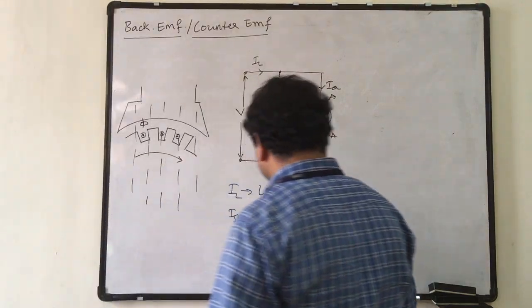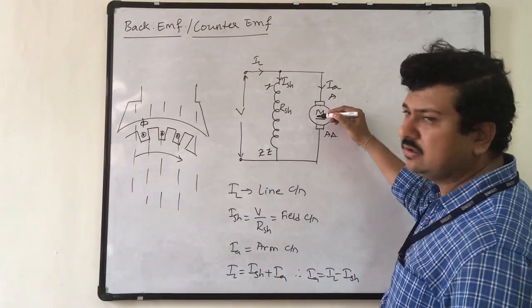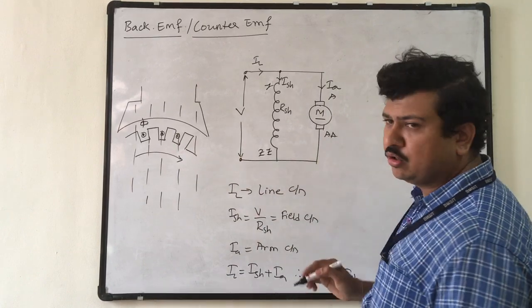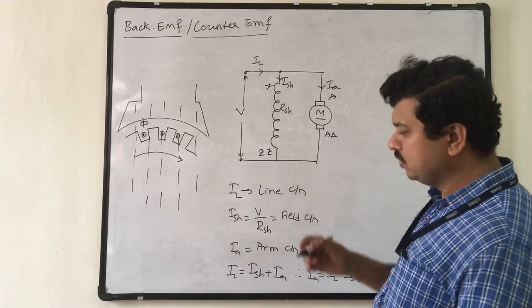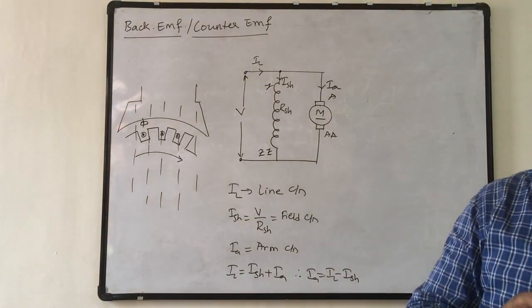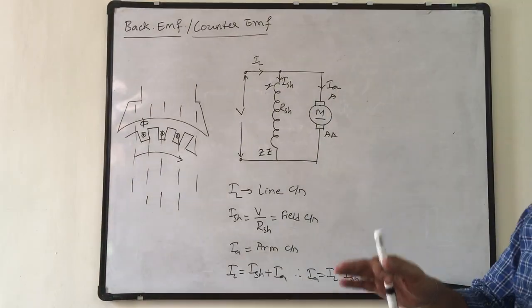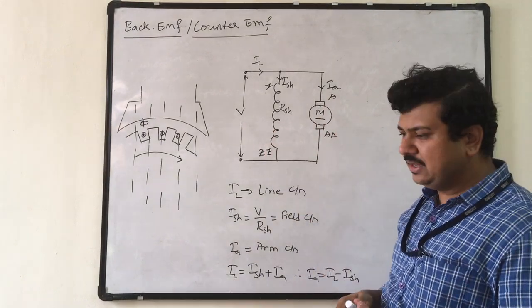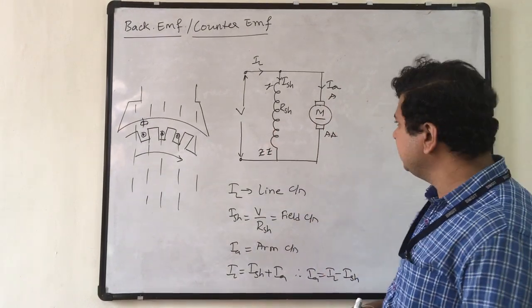So when this current IA flows through this armature, it starts rotating. When it starts rotating, all the armature conductors cut the flux, and an EMF is induced in those armature conductors, and that EMF opposes the main cause, that supply voltage.